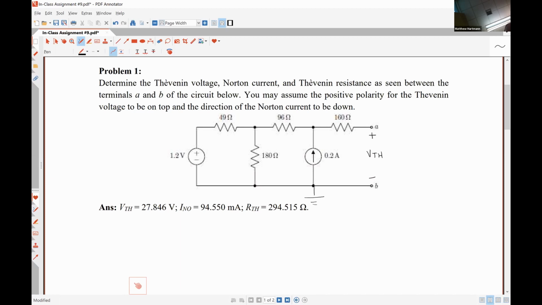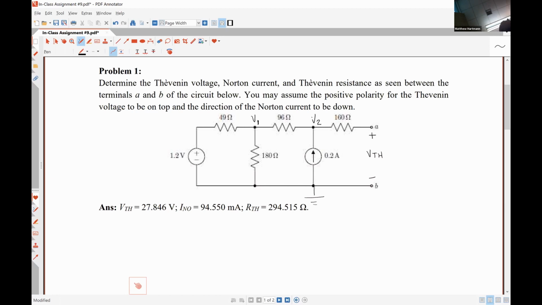And I can identify a node here. I'm going to call this node V1. I'm about to call it A, but that would be a bad choice. And this guy V2. There we go.